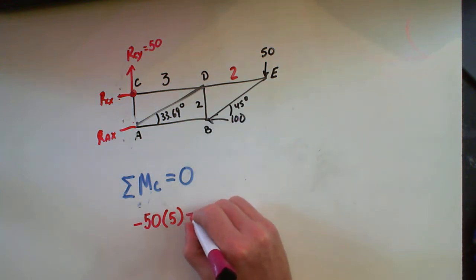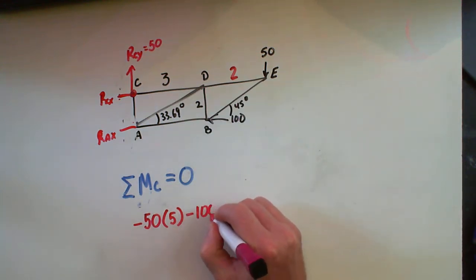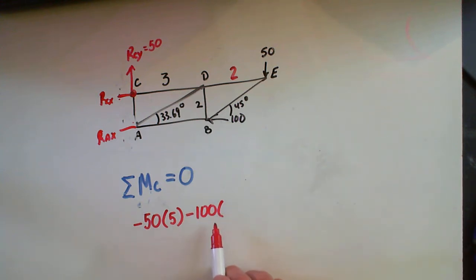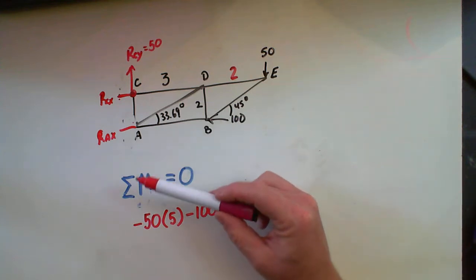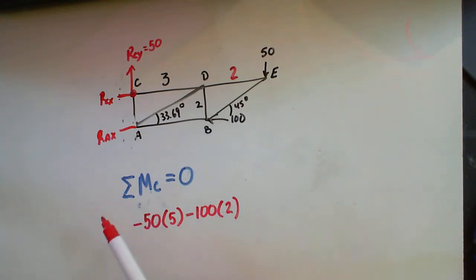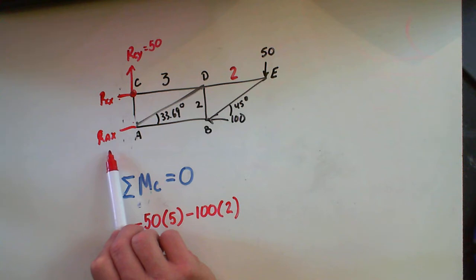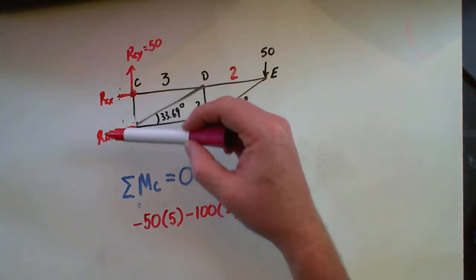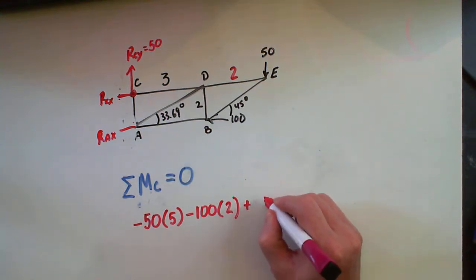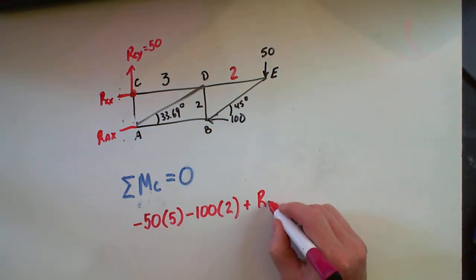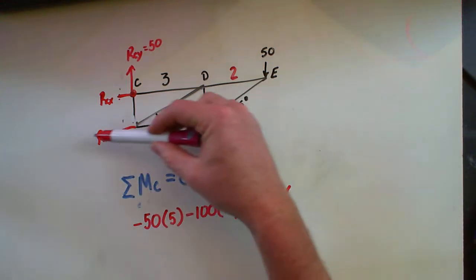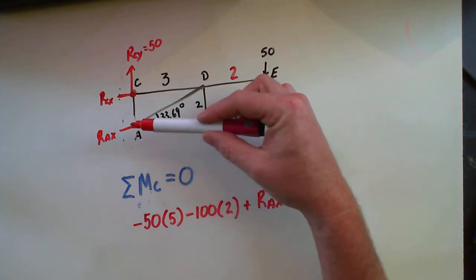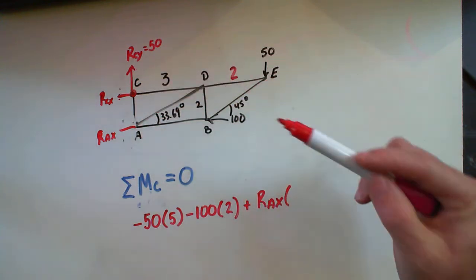So that is going to be negative 100 times 2. The final force is this reactionary force at A. We don't know which direction it goes, so that's just going to be reactionary force at A with respect to X, and since it is a horizontal force, the vertical distance is that same 2.